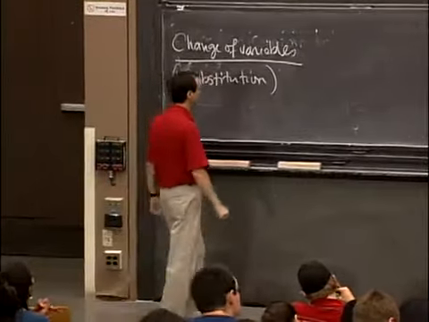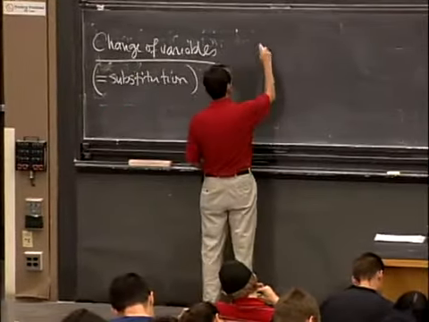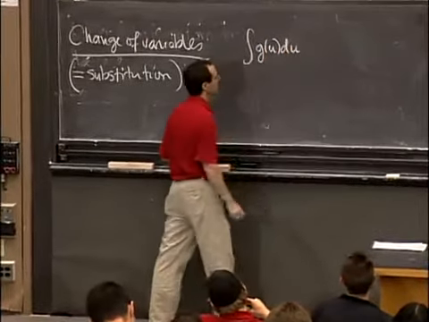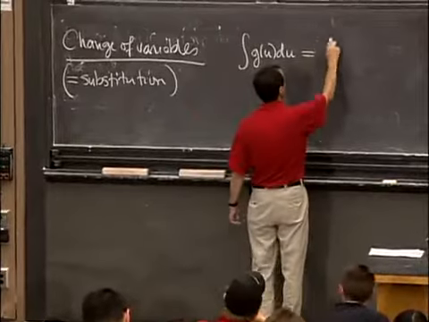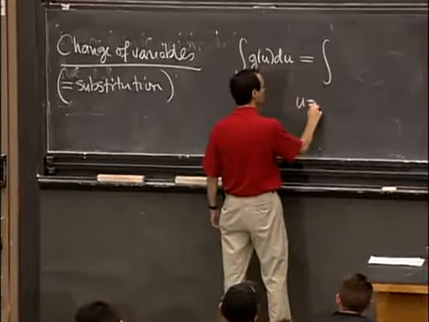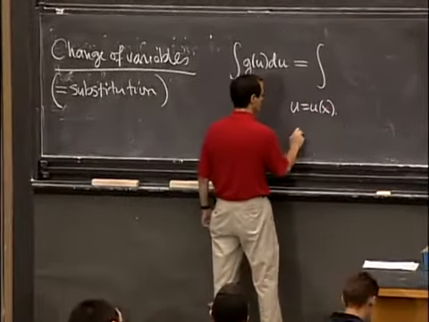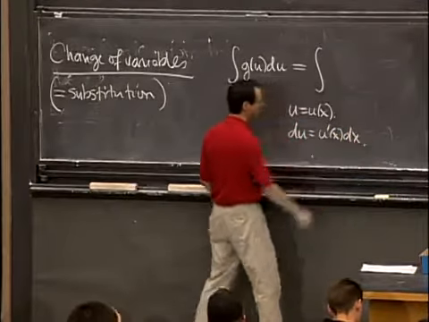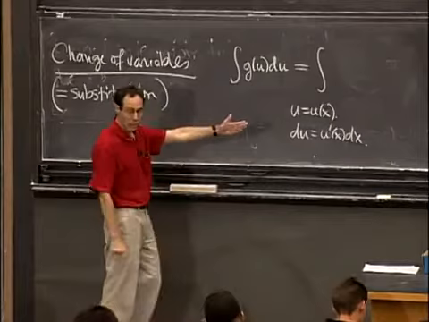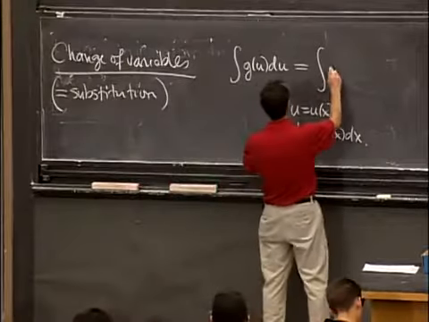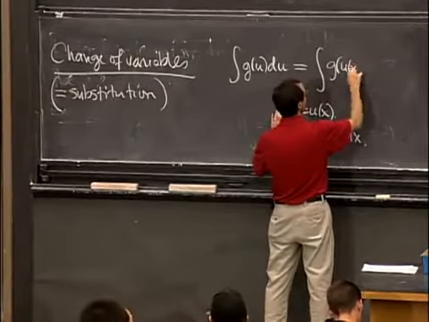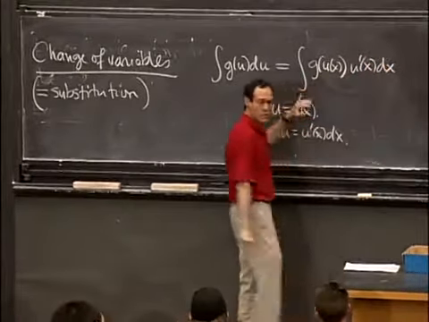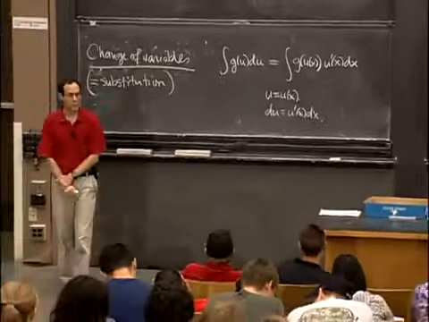And the idea here, if you may remember, was that if you're faced with an integral like this, you can change it: if you put in u equals u of x, and you have du equal to u prime of x dx, then you can change the integral as follows. This is the same as g of u of x, u prime of x dx. This was the general procedure for substitution.